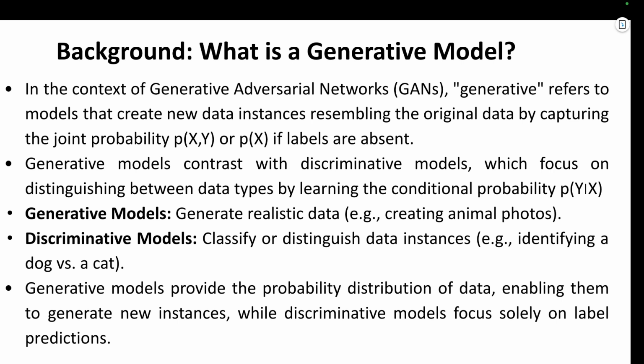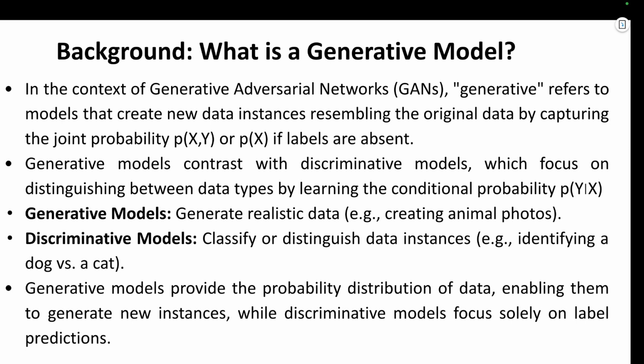Let us discuss the background behind this generative model. GAN, that is generative, refers to a model that creates new data instances resembling the original data by capturing the joint probability, that is p of x comma y, or p of x if labels are absent. Generative models are generally unsupervised learning models, but whenever we use the training data set, at that time for the generative phase we use the unsupervised learning model to generate new images from the noise data.